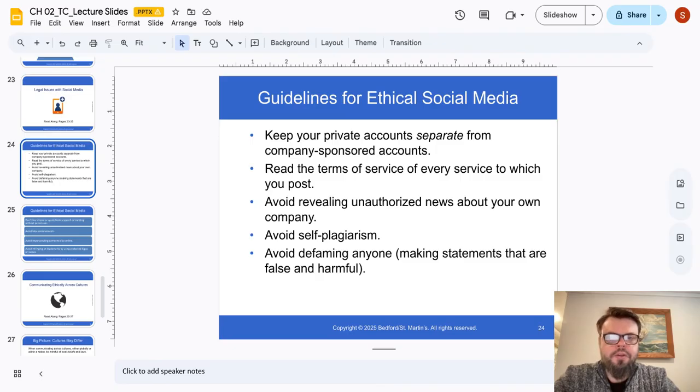Writers are also cautioned to avoid self plagiarism, false endorsements, impersonation, trademark misuse, and defamation. Even reposting someone else's defamatory content can be legally risky. The underlying message is this: before posting, assume the content is public, permanent, and professionally attributable to you.